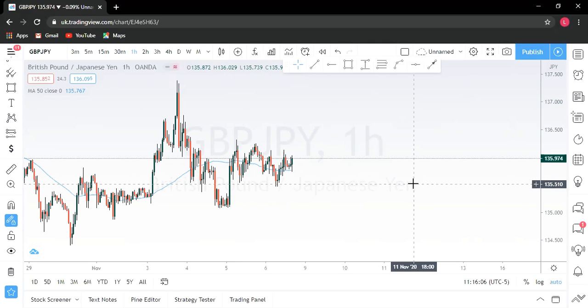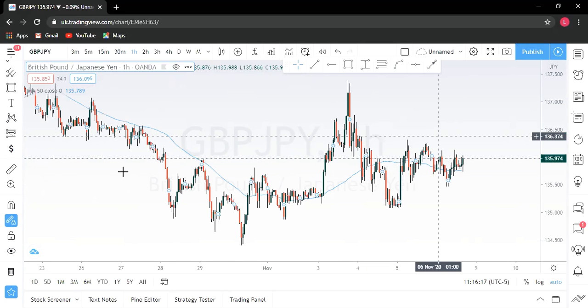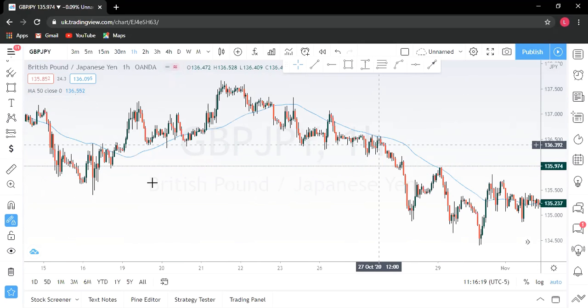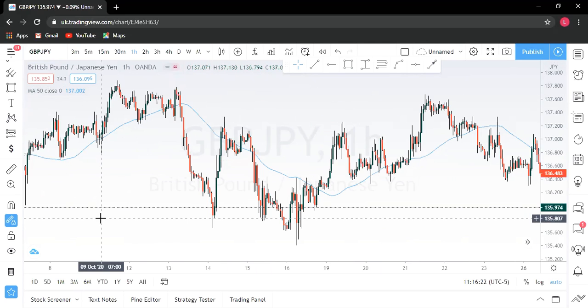So let's look at an example in the market. Let's look for a good example of support, resistance, breakout, retest.